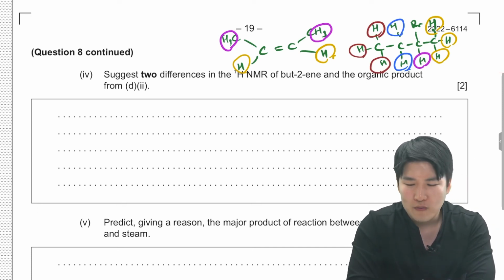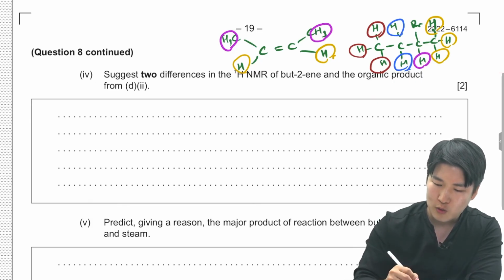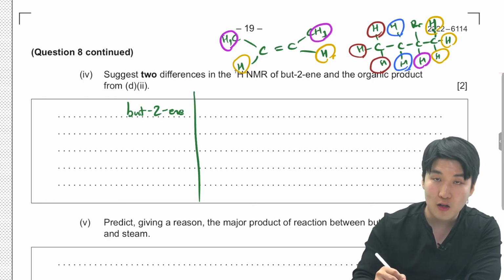There are 4 different hydrogen environments in our 2-bromobutane. Okay, so how do we answer this? But-2-ene will compare and contrast with 2-bromobutane.